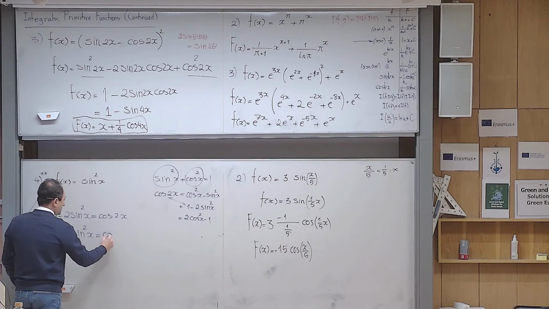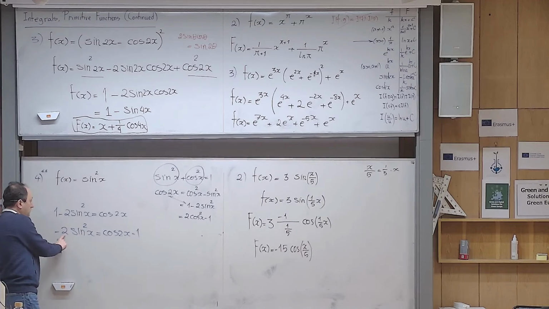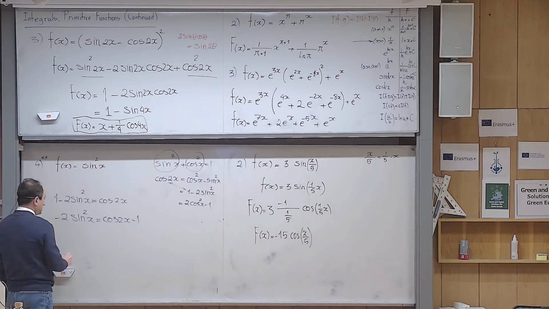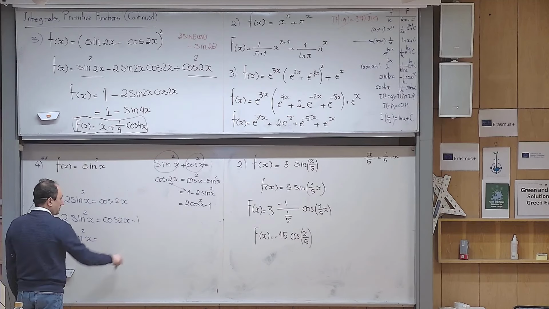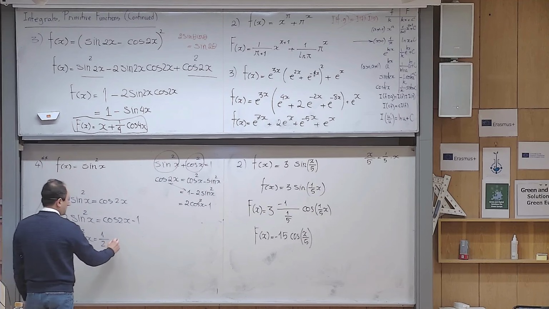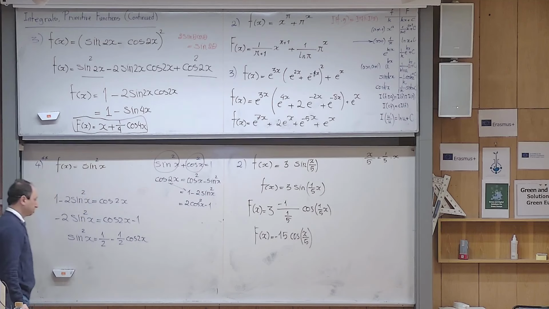It becomes cosine 2x minus 1. And then I want to get rid of this minus 2. I divide everything by minus 2. So it becomes sine x squared is equal to minus 1 divided by minus 2 is 1/2 positive. And this one becomes minus 1/2 cosine 2x. That's it. Yes? And now this is the formula.